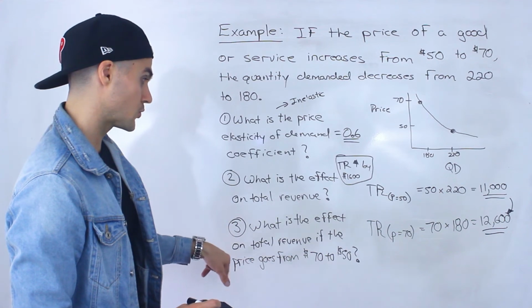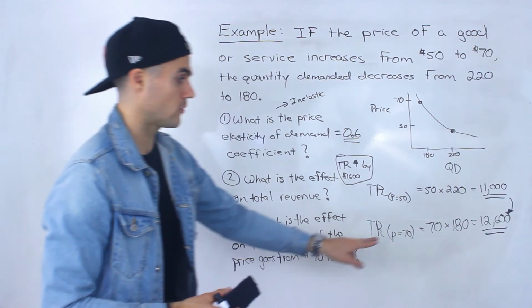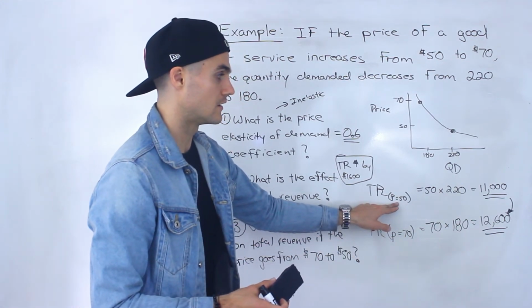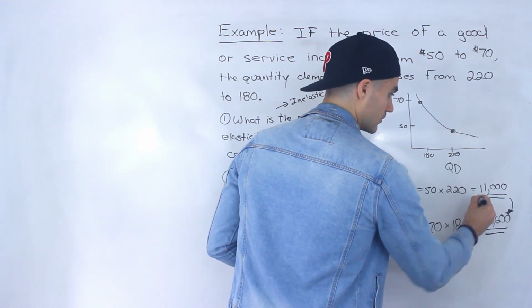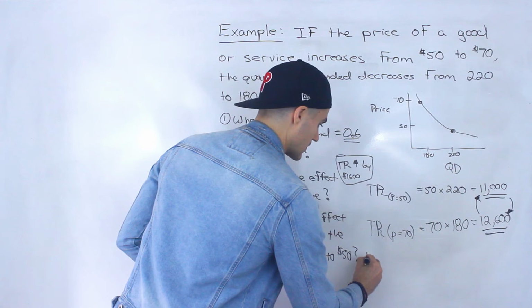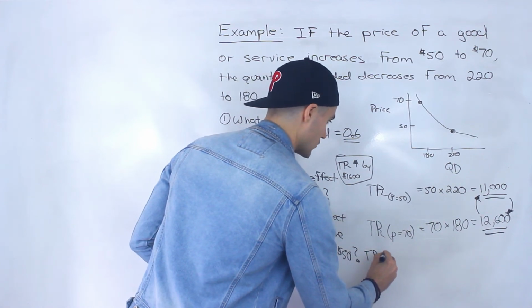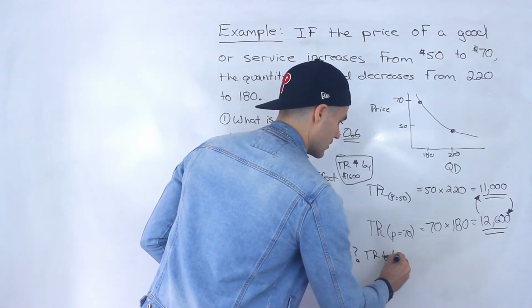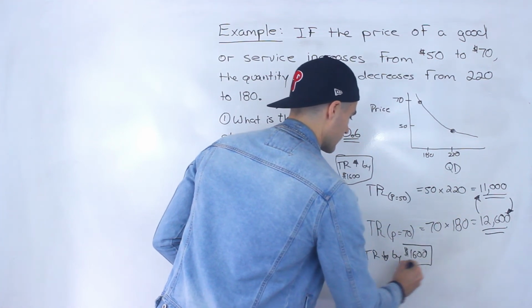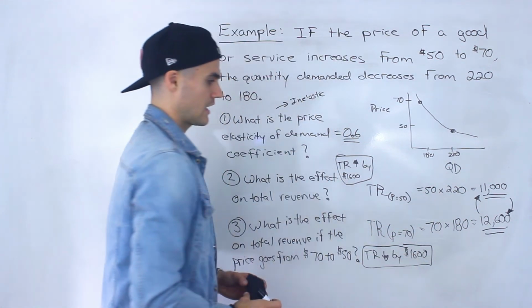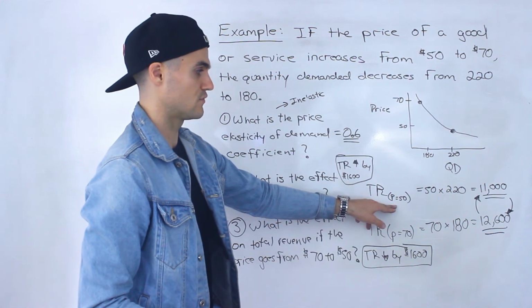Now, what's the effect on total revenue if we went the other way, if we went from 70 to 50? Well, notice that the total revenue would go down by 1,600. So the answer to number 3, total revenue decreases by 1,600 if we go from 70 to 50.